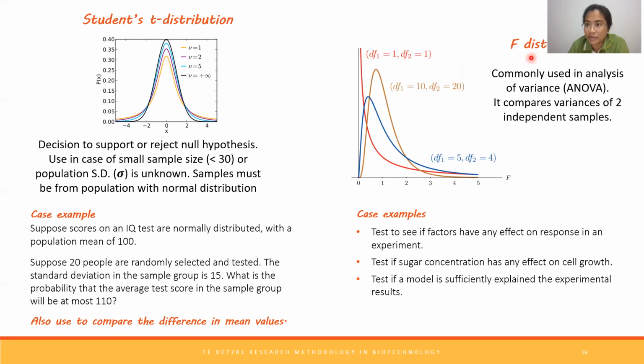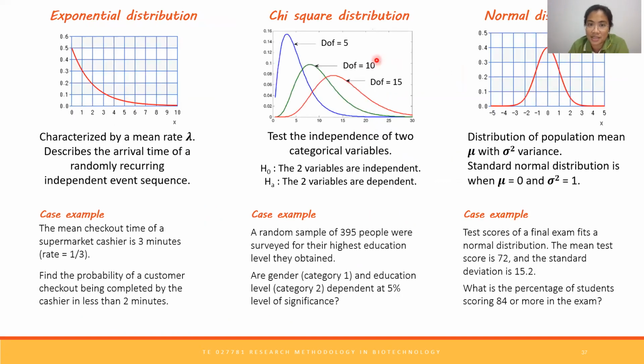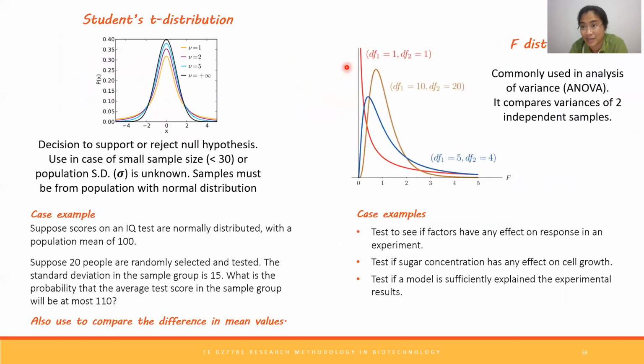Now, the last distribution I want to talk about is the F distribution. The F distribution looks very much like the chi-square distribution, if you are looking at the shape of the distribution curve alone. The F distribution is commonly used in ANOVA, analysis of variance. That is what the name ANOVA means.